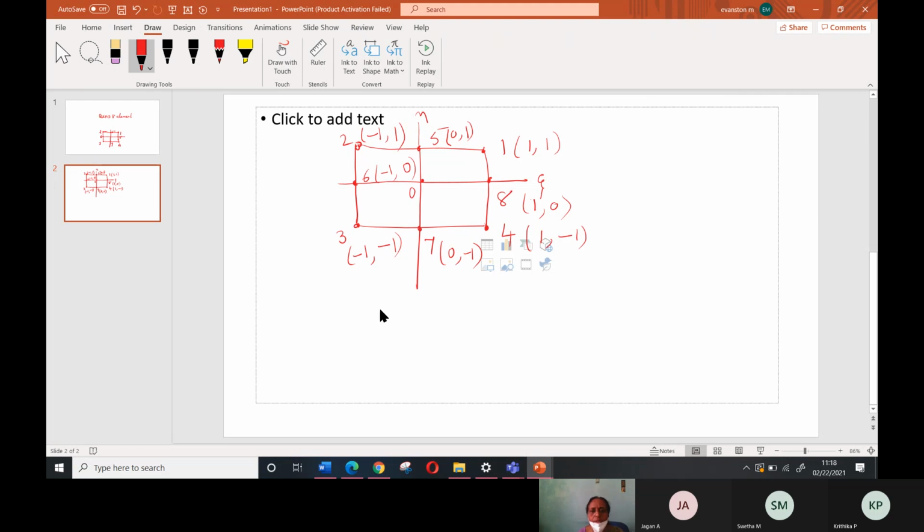Now I have to find out the nodal functions, that is shape functions. I'll take it as xi1, xi2, xi3, xi4, xi5, xi6, xi7, and xi8. So these are the quantities I have to find out.